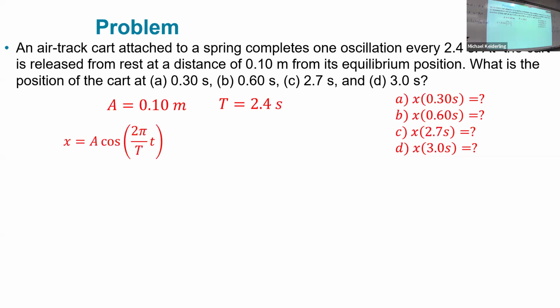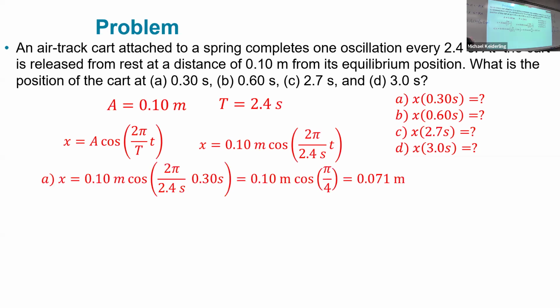So x equals A times cosine of 2 pi over the period times time. X is going to be 0.1 meters times the cosine of 2 pi over 2.4 seconds times time. For part A, at 0.3 seconds, we have 0.1 meters times cosine of pi over 4, which is 0.071 meters.